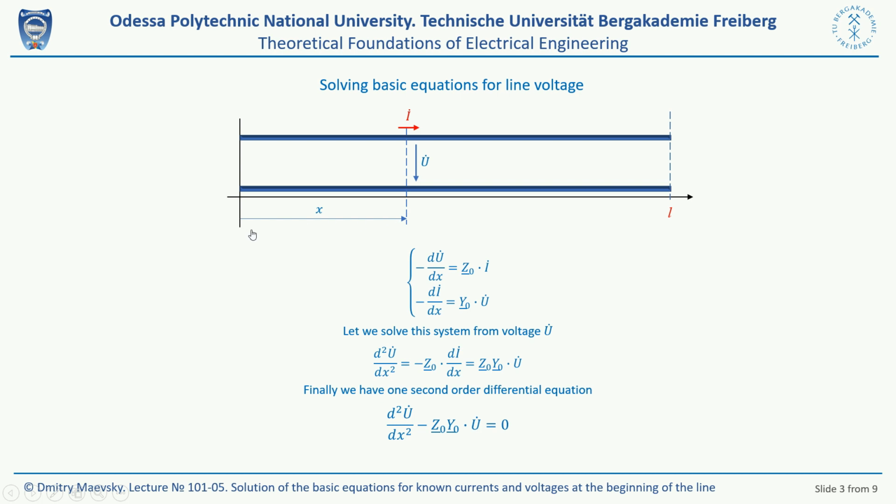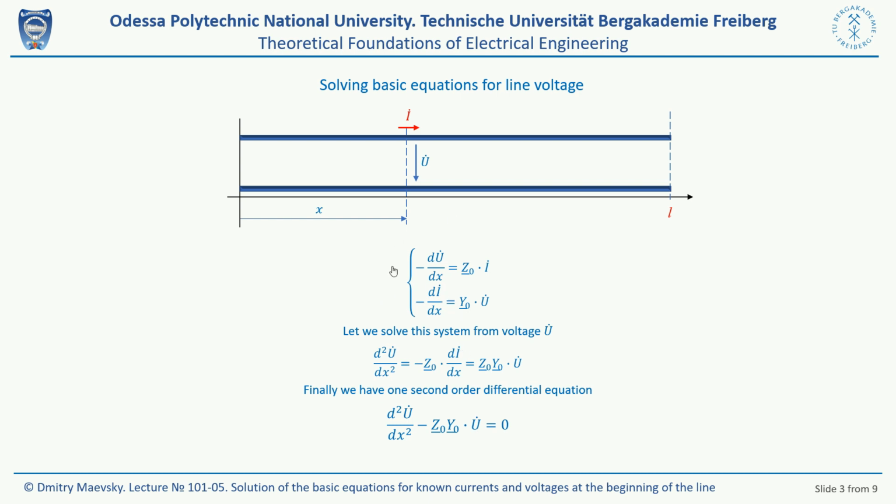In order to solve this system with respect to the voltage complex, it's necessary to differentiate the first equation of the system with respect to the spatial coordinate x. As we can see, the derivative of the current is included in the equation that we have received.